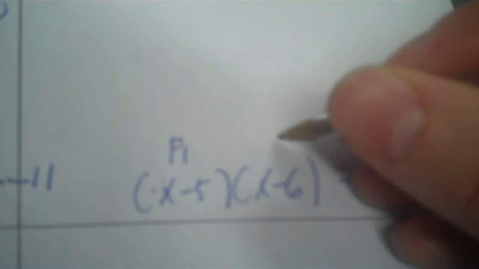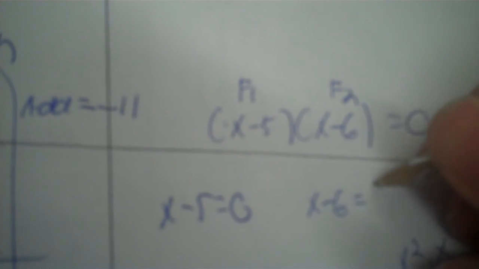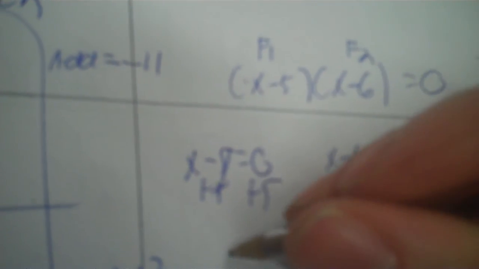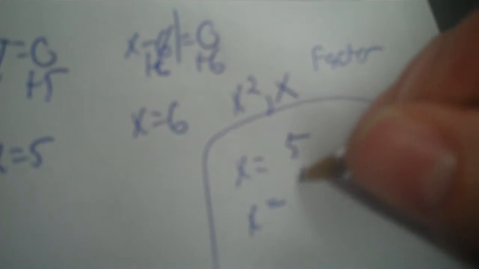You can divide these by 1. It's just going to be the same thing. Remember to take the 1 off. And then F1, F2. So x minus 5 could equal 0, or x minus 6 could equal 0. So x would equal 5, and x would equal 6. 5 and 6. All right.